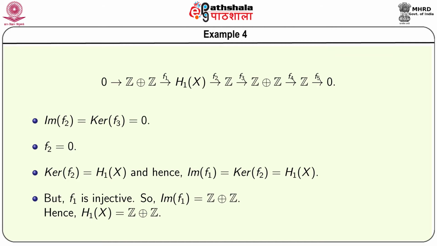But F1 is injective, so image of F1 should be Z direct sum Z. Hence, H1(X) is Z direct sum Z.